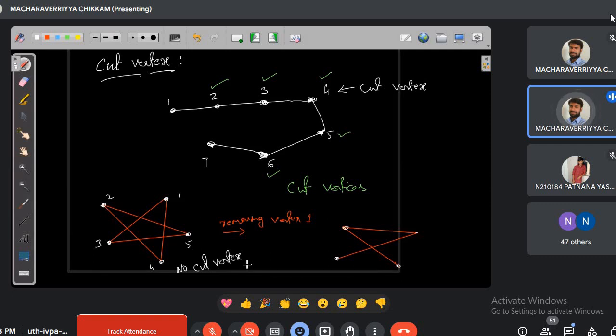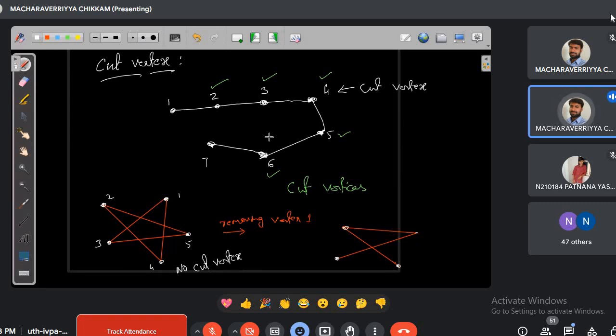Now I'm going to define vertex connectivity of a graph. I mean, the minimum number of vertices that need to be removed so that the graph becomes disconnected. In the first example, we have many cut vertices. You remove any one of these cut vertices, it becomes disconnected.